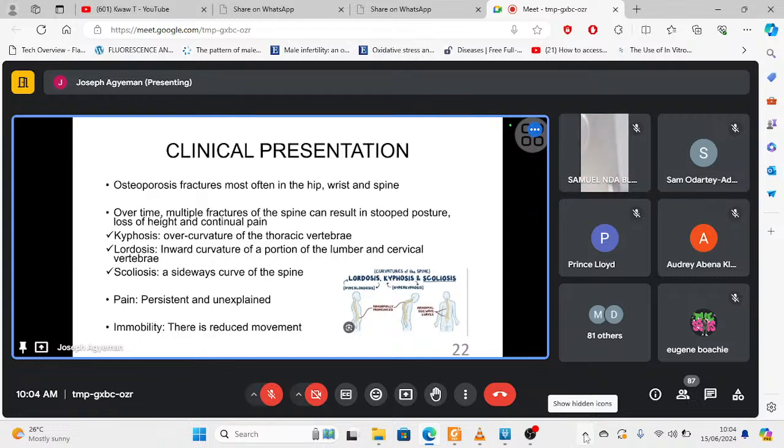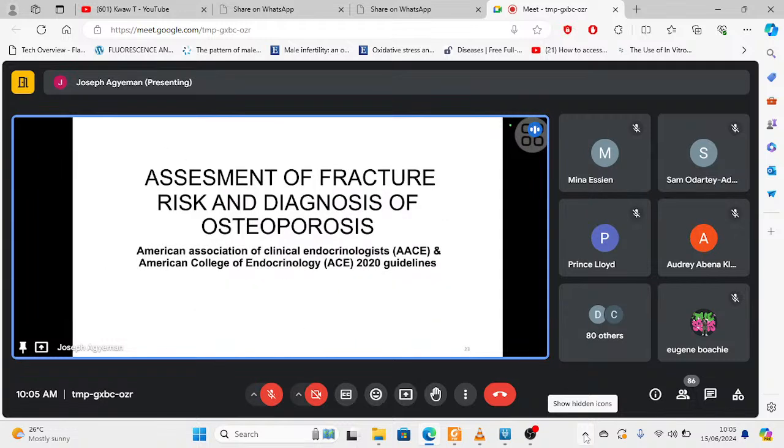And of course, with the existing pain, you dare not use that joint or that bone. So you tend to try not to move a lot, and this leads to reduced movement. Remember, if you underuse that bone, it can also atrophy and further increase your chances of worsening the existing osteoporosis.